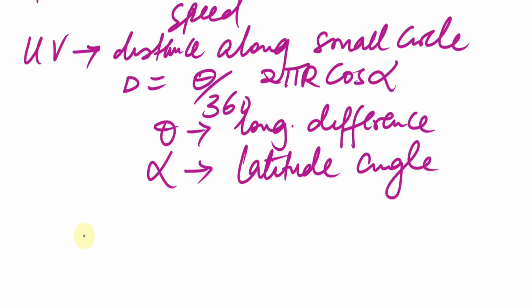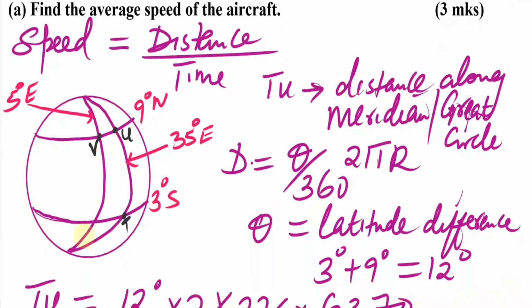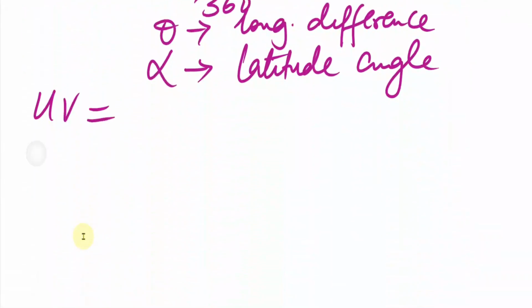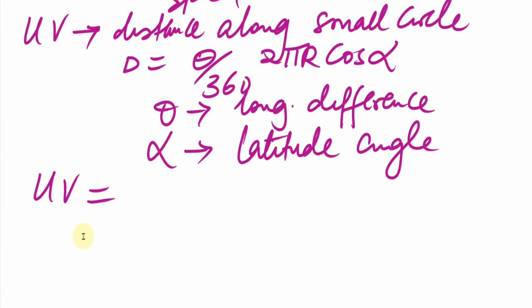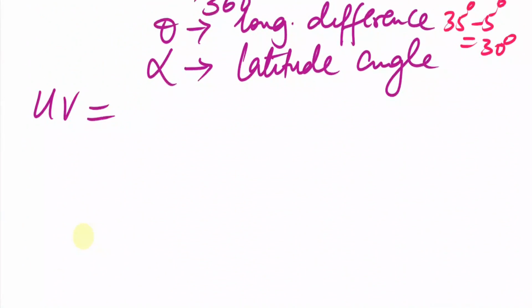The longitude difference: one is 35 degrees east, the other one is 5 degrees east. So the difference will be obtained by subtracting 35 minus 5 degrees, which gives 30 degrees. Then the latitude angle: they lie on the latitude 9 degrees. So 9 degrees is the latitude.